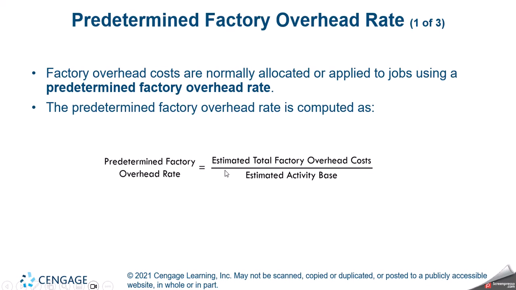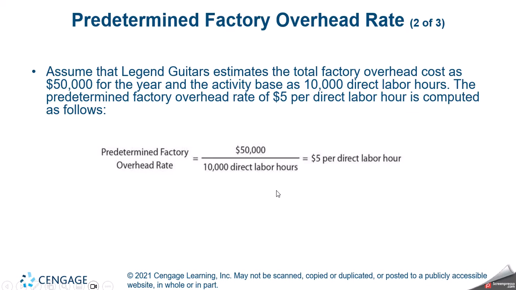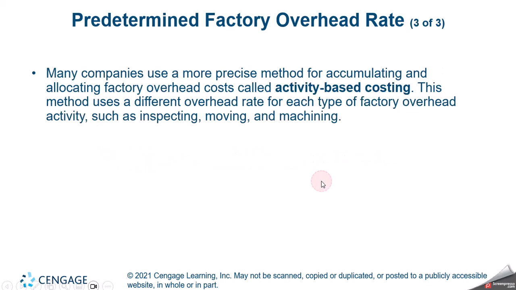So we'll come up with our estimated total factory overhead costs, and we will divide it by whatever we think that activity base is to come up with a predetermined overhead rate. And when we do these problems, they'll tell us what that activity base is. So here's an example. If we had $50,000 of estimated overhead and we're going to base it on direct labor hours, we estimate that there'll be 10,000 direct labor hours. We're going to charge out the overhead at $5 per direct labor hour.